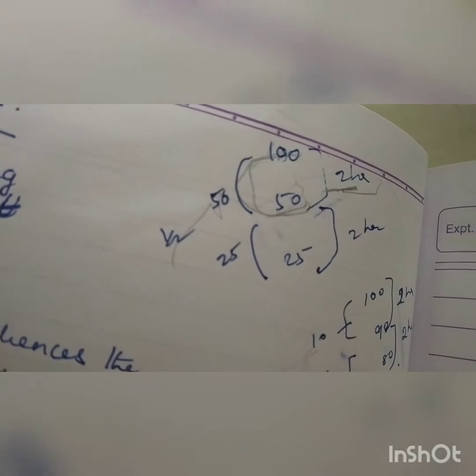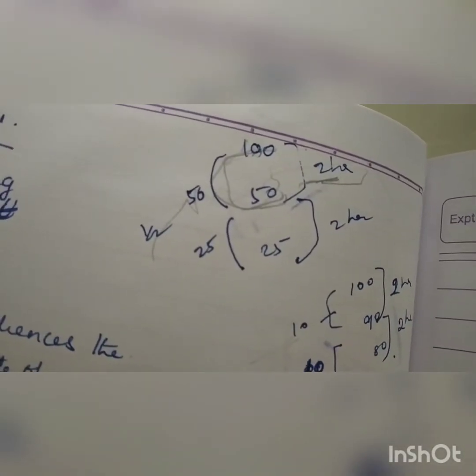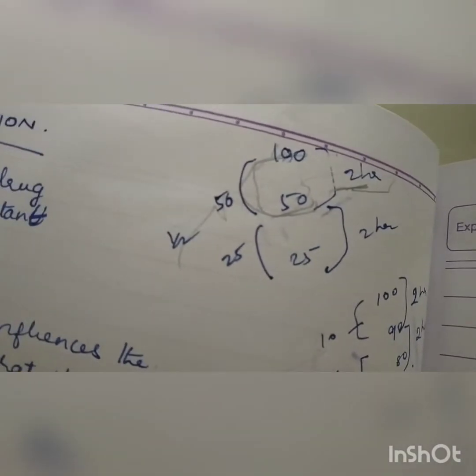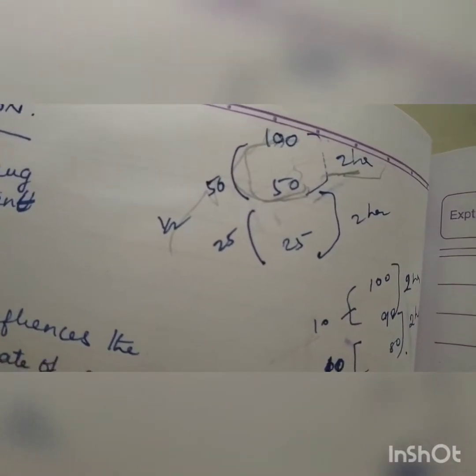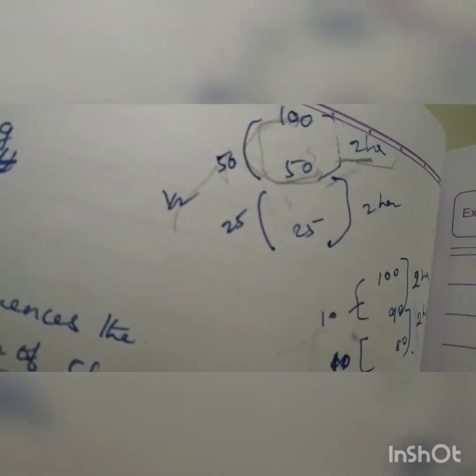The time taken for the concentration of the drug to reduce to half its original concentration is 2 hours here. Then from 50 it will become 25 within another 2 hours.